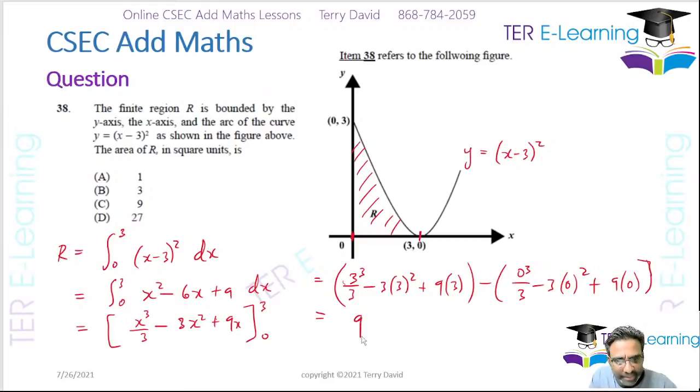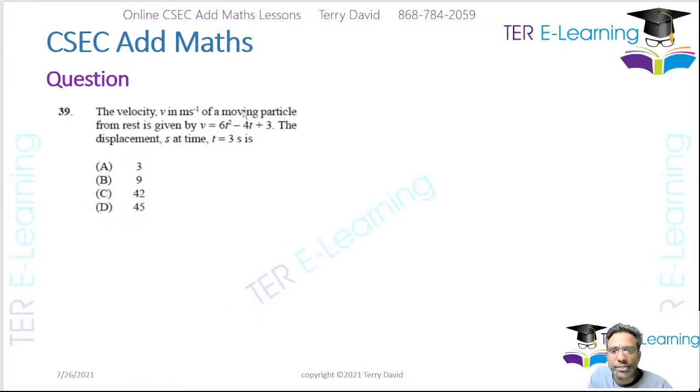Alright, so what I'm getting for my answer is 9. So that's C. Alright, so that's question 38. Let's move on to 39 now.